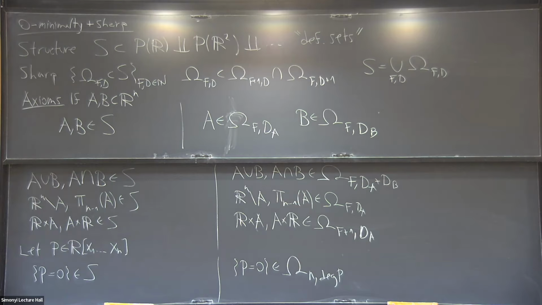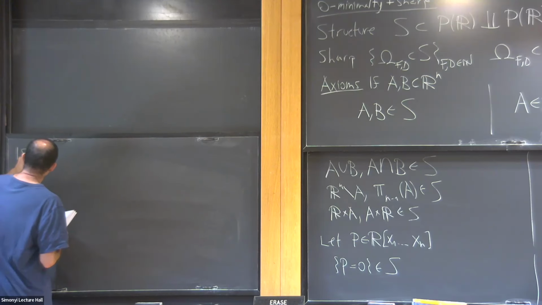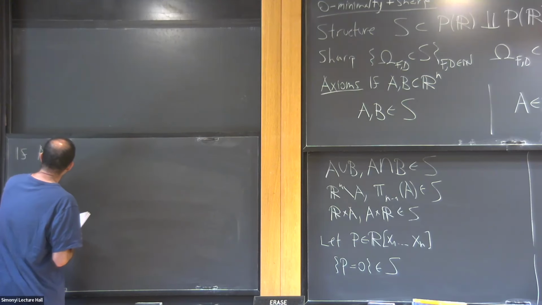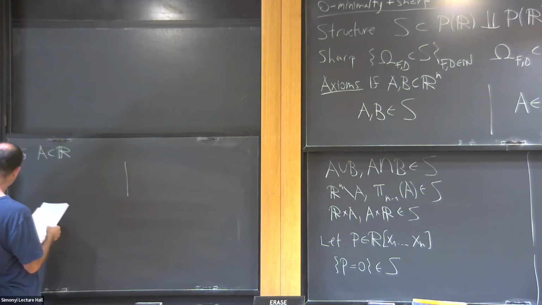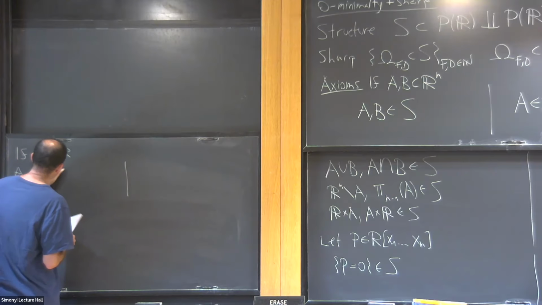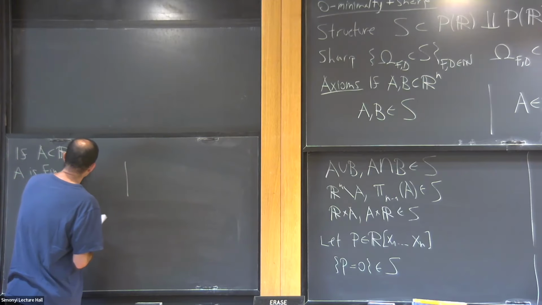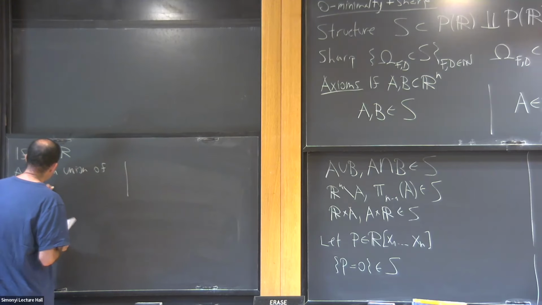So let me write this final axiom. Now I'm going to take A, which is in R. And then the usual axiom will say that A is a finite union of points and intervals.